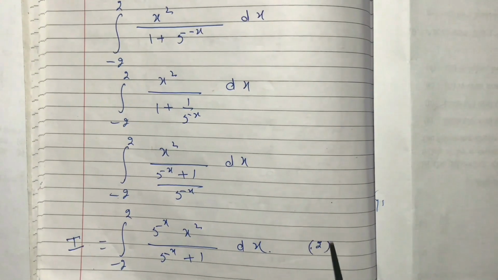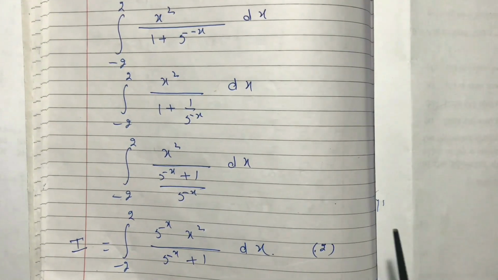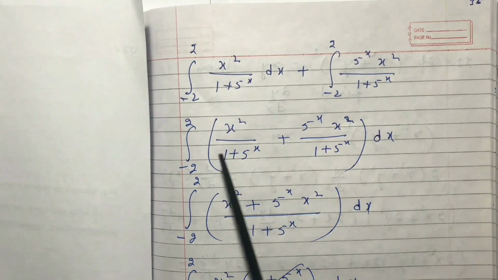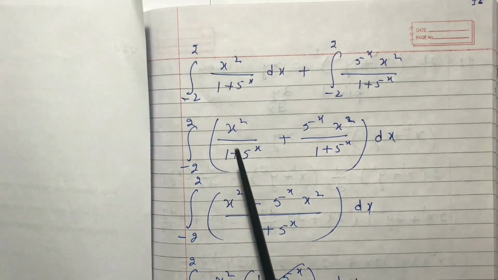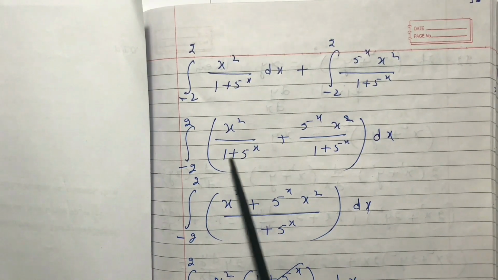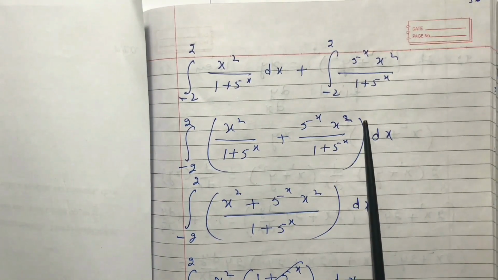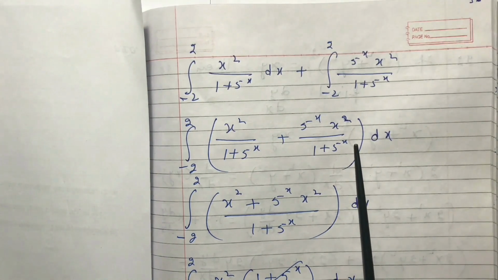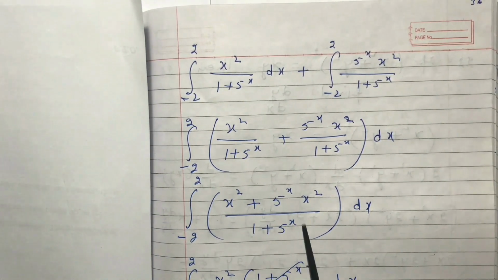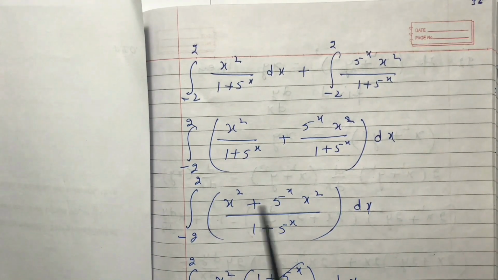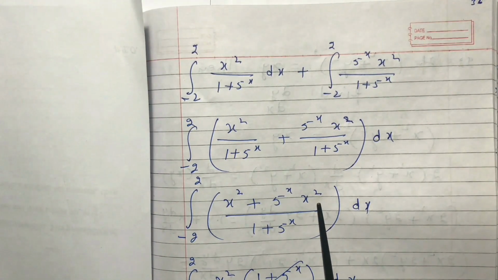I have taken it as 2I. So add 1 and 2, and I'll get this. Then this becomes x square upon 1 plus 5 to the power x plus 5 to the power x times x square upon 1 plus 5 to the power x. I have taken 1 plus 5 to the power x as LCM. In the numerator, I'll get x square plus 5 to the power x into x square.